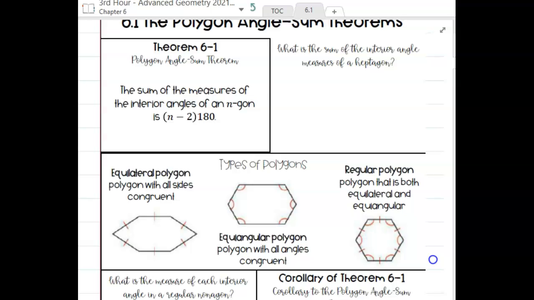180. Okay. It also works for a square, right? A square has 4 sides. 4 minus 2 is 2. 2 times 180? 360. So if I wanted to use this formula to find the sum of the interior angle measures of a heptagon, how many sides and angles does a heptagon have? 7.